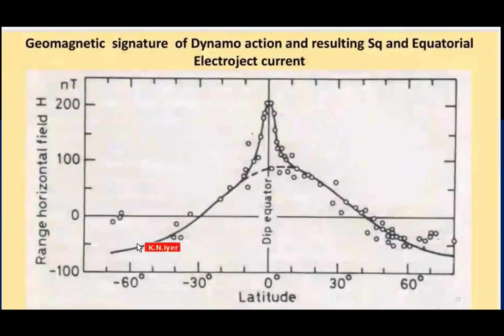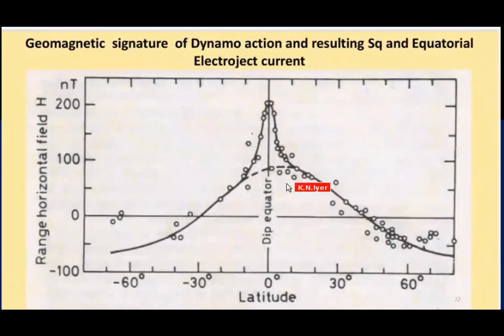The diurnal range is plotted here, each point is an observation, and a mean curve is fitted to them. Here we can see this is the SQ focus where the increase is 0. It is increasing towards the equator.